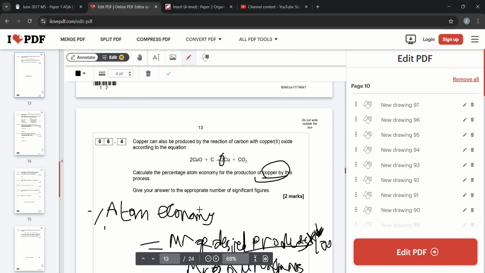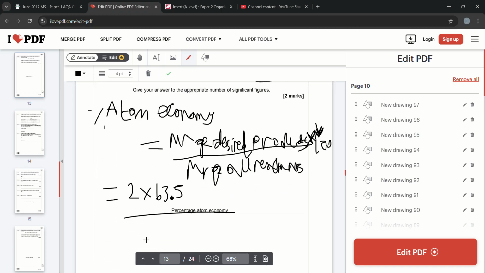That's 2 times 63.5 plus 2 times 16 plus 12, which is 171, times by 100. So 2 times 63.5 divided by 171 times 100 is 74.3%. That's to 3 significant figures.